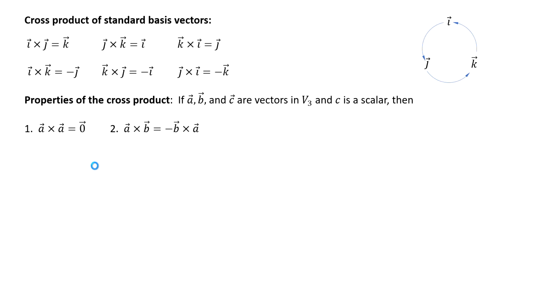Okay. Next property. A cross B is negative B cross A. Where do we get that from? Check this out. Do a right-hand rule to figure out the direction.